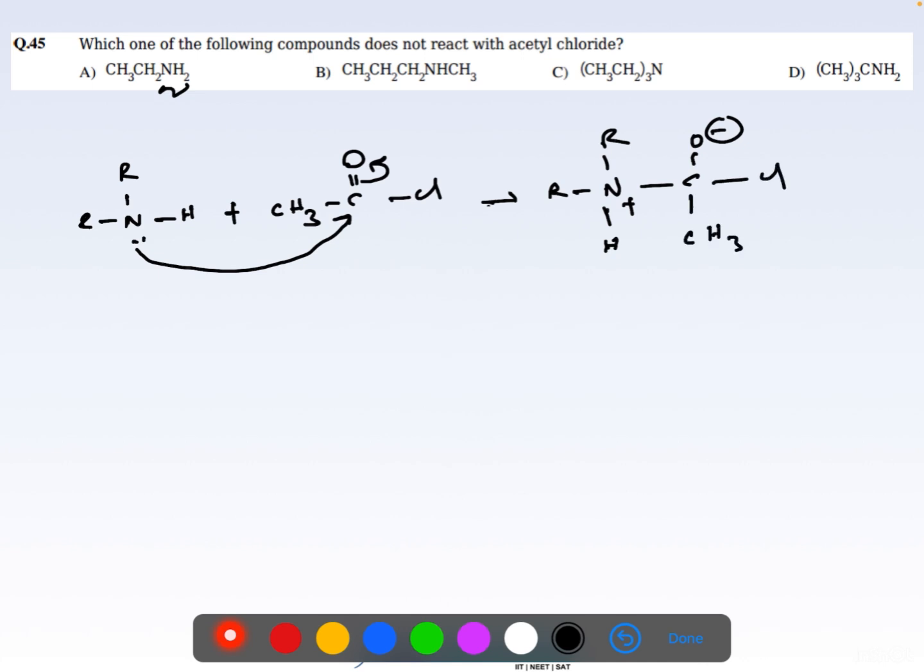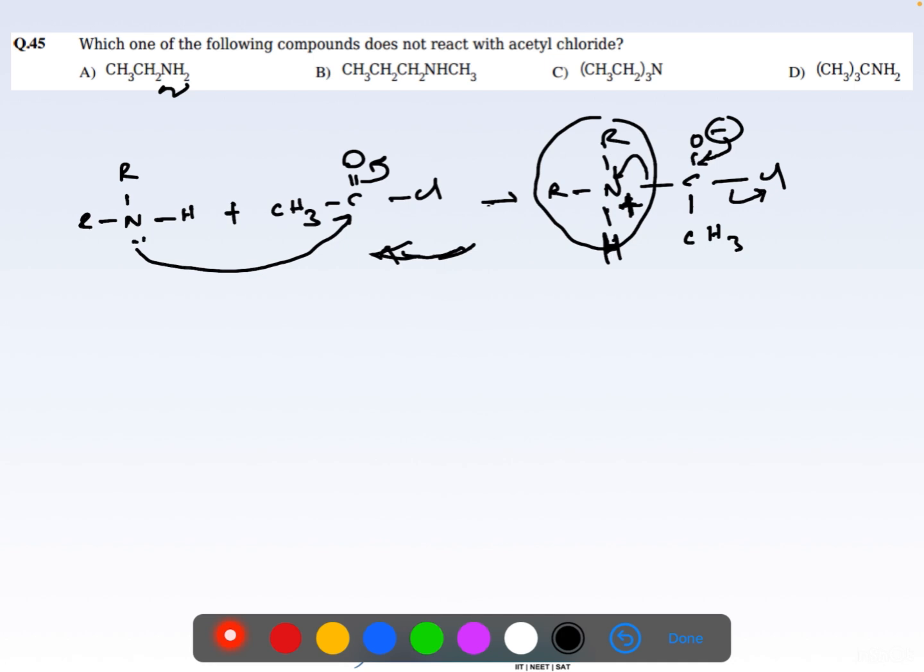Okay. So here this intermediate has 2 choices. It can expel chlorine to give rise to the amide product, or it can expel nitrogen to give back the starting material. As long as there is a positive charge on nitrogen, this part will be a good leaving group, and always the reverse reaction is preferred.